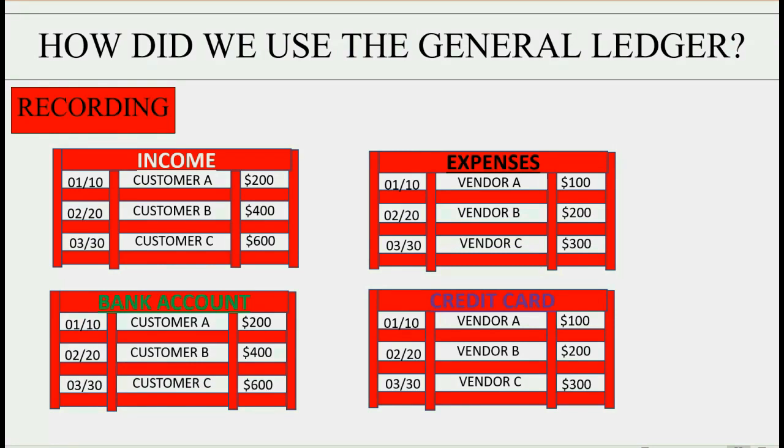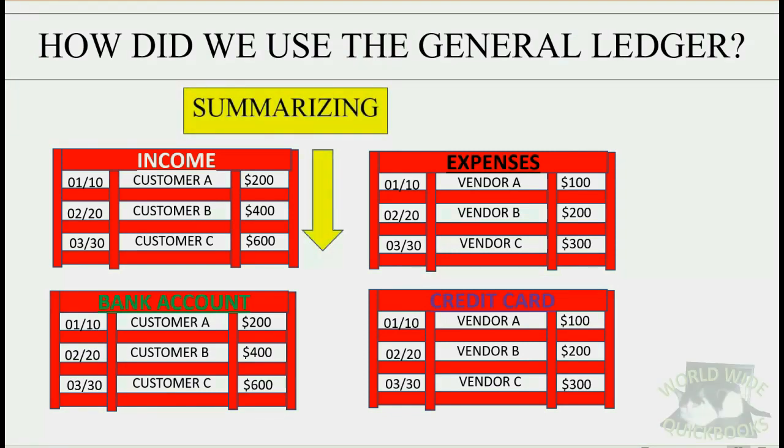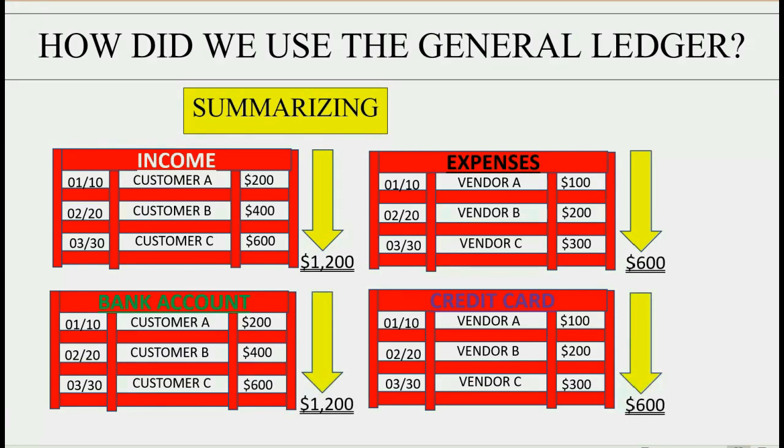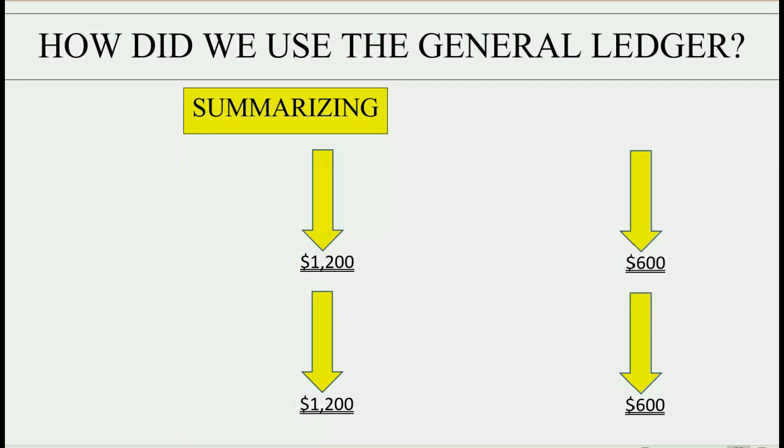And although it was helpful to look at the pages of the listed transactions, the most important results came from summarizing and totaling the numbers. Once we got the total of every account in the chart of accounts, we could then use those totals for valuable insights.